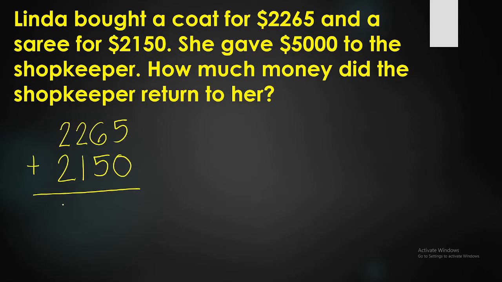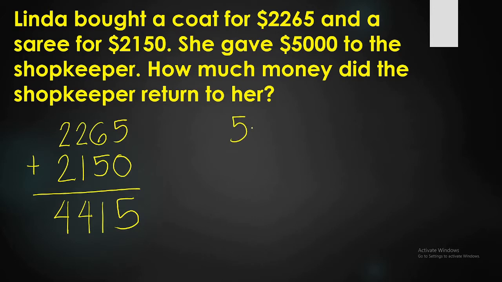Sige. $4,415. Okay, now, any volunteer, what are you going to do with 4,415? Erica. Subtract. Okay, let's subtract them.